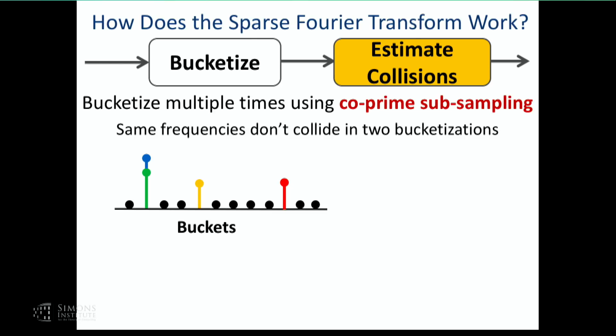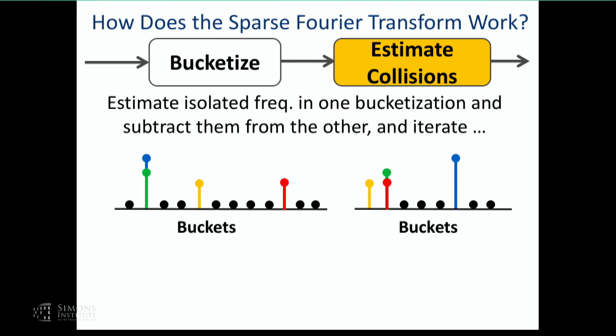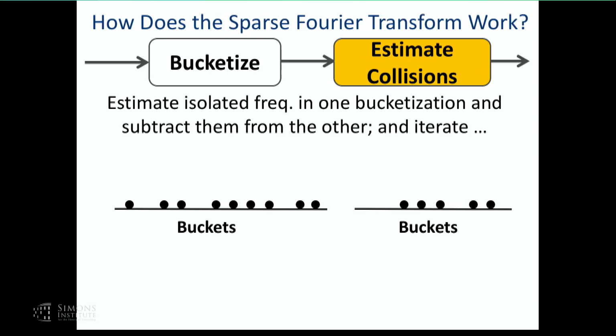So if we take this example and we bucketize again with this coprime subsampling rate, we are guaranteed that the green and blue are not going to collide again in the second one. And now all we have to do is iterate between the two. We estimate the frequencies that are isolated, and then we subtract them. Once we subtract them, more frequencies will get isolated. We can estimate them, subtract them, and keep going back and forth until we've found all the frequencies.